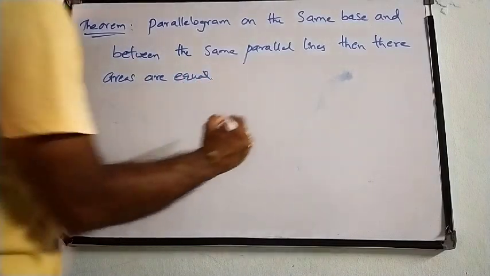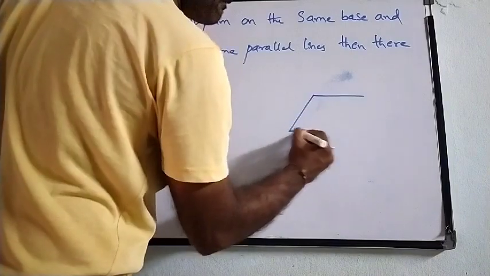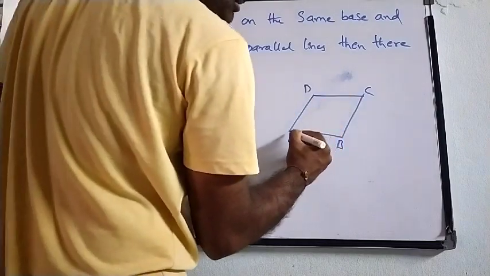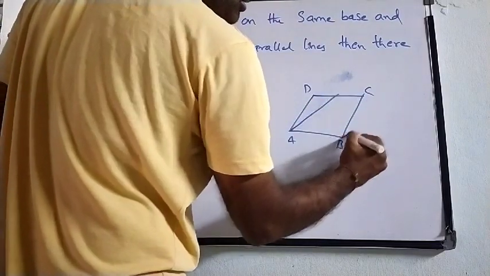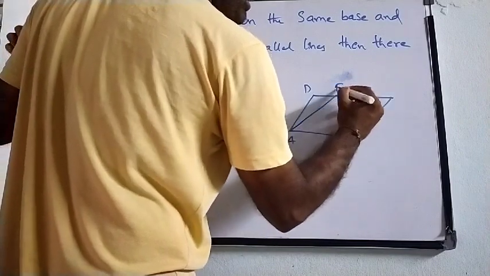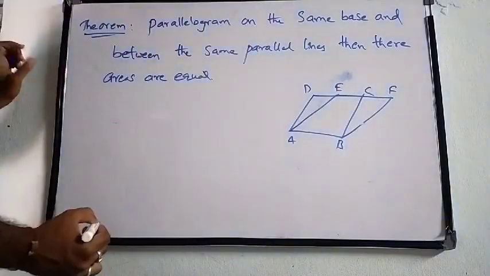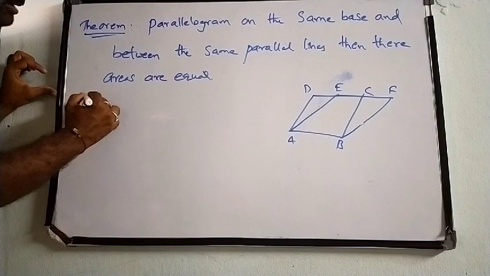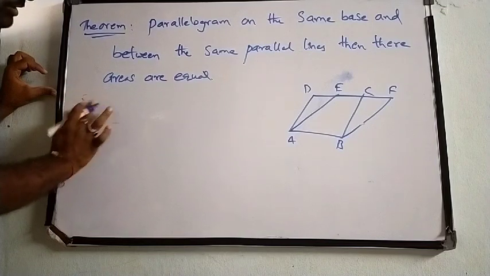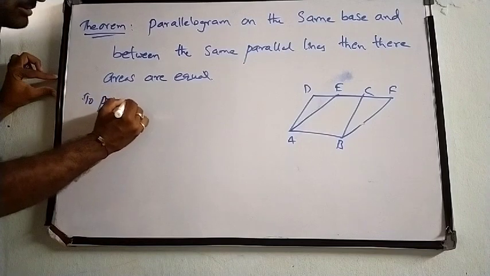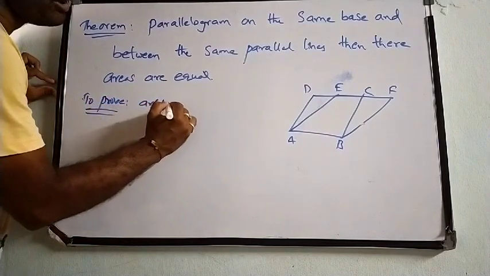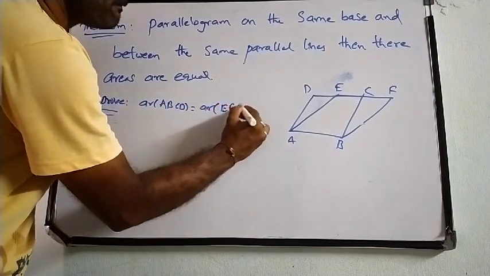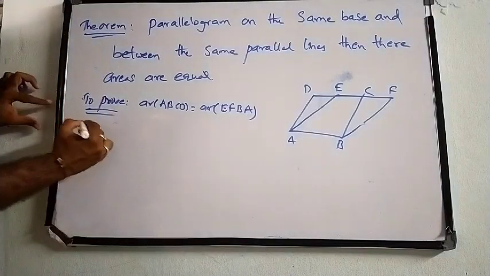So if you observe this figure, A, B, C, D, E, F. This is the theorem statement, and what we need to prove is that area of ABCD is equal to area of EFBA. So this is the proof that we need to do.